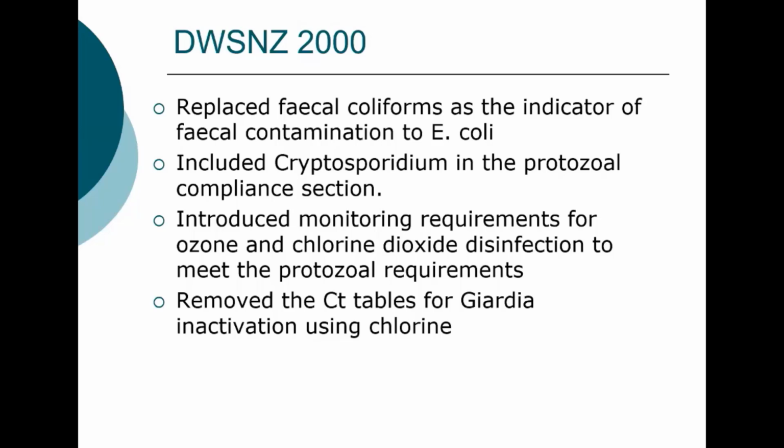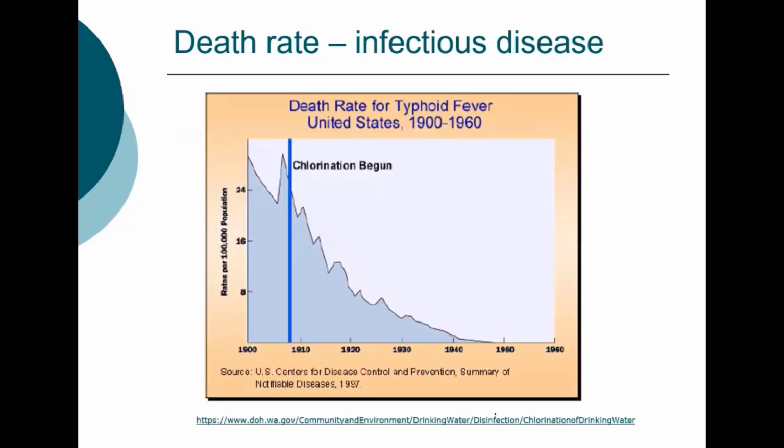Just to give you a sense of the importance of chlorination, it's actually been considered one of the most significant medical breakthroughs in the world. We don't see it as a medical breakthrough, but it had a significant impact on human health. In 1905, filtration was first implemented routinely in the US, in Philadelphia.